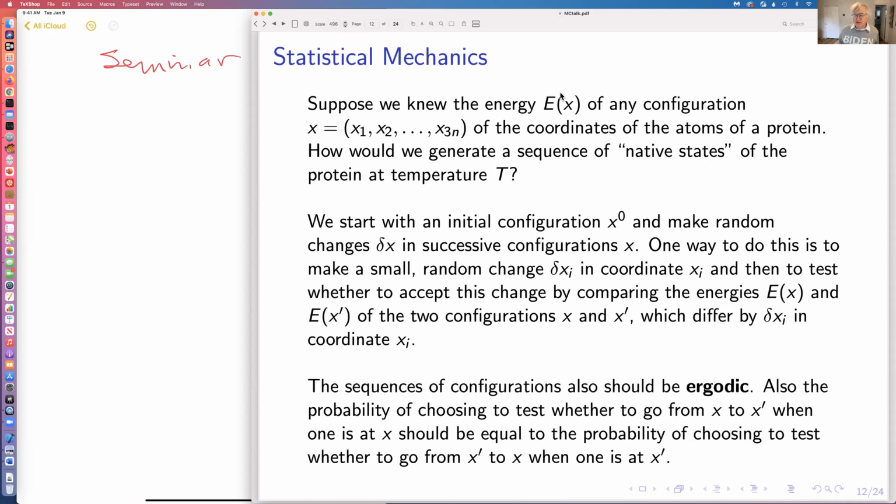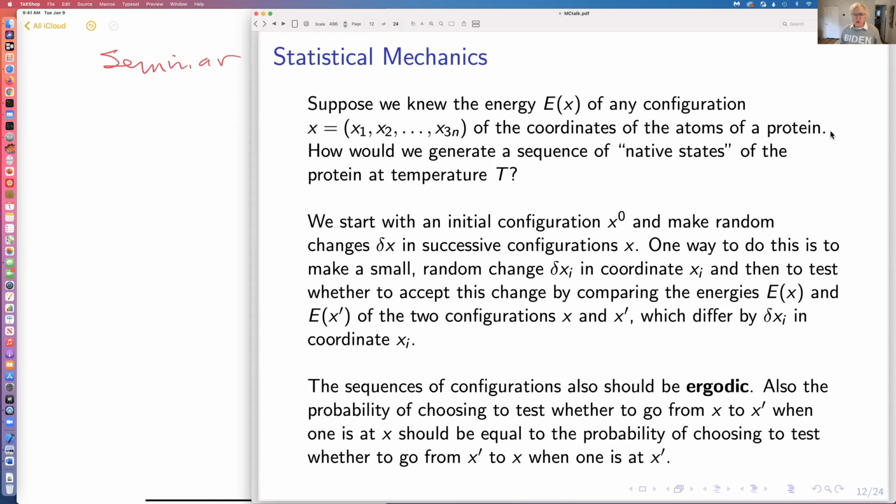But suppose we really were super physicists and knew the energy of any configuration x1 to x3n of the coordinates of the atoms of a protein. When I say a protein, I don't mean a protein in vacuum. I mean a protein in the saline solution of the interior of a cell of some animal.